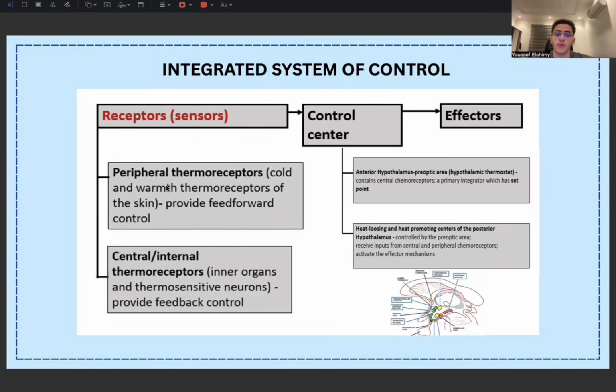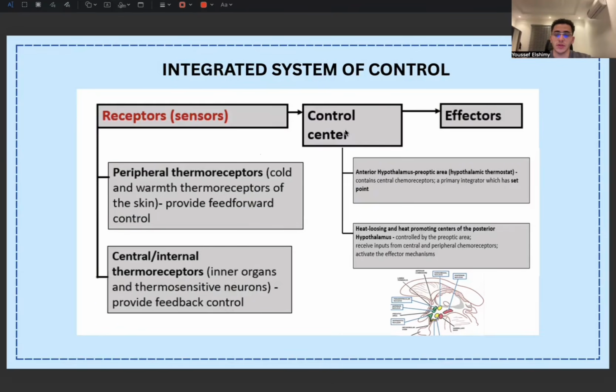We have cold and warm thermoreceptors, and they basically sense the temperature and provide a feed forward control to the central receptors in the internal organs as well as in the hypothalamus. We also have central thermoreceptors that are found in inner organs, like the hypothalamus, and they provide the feedback control and relay the message to the control center.